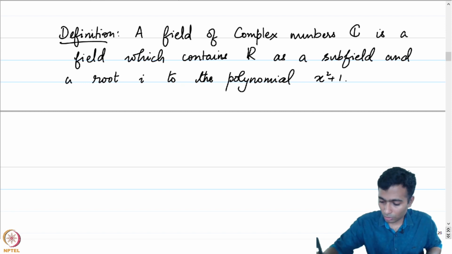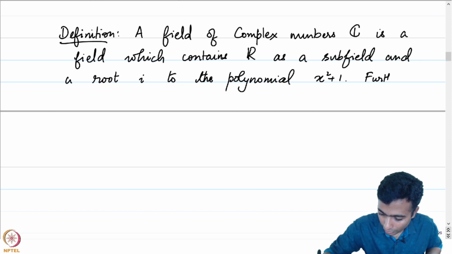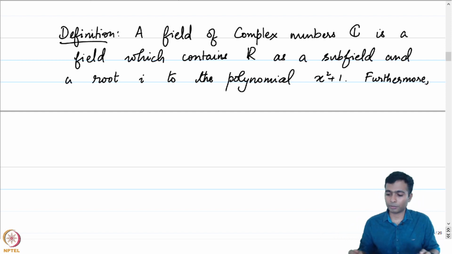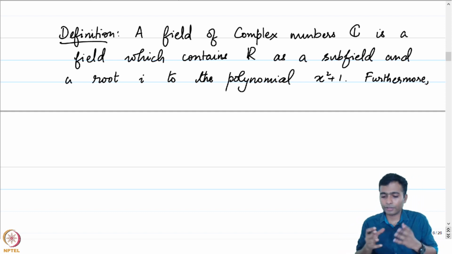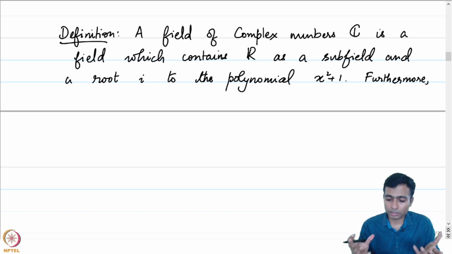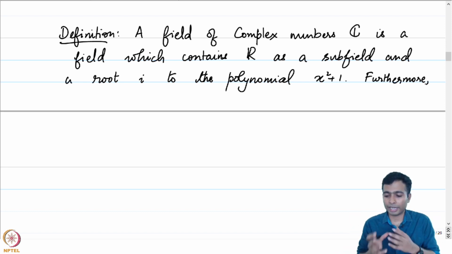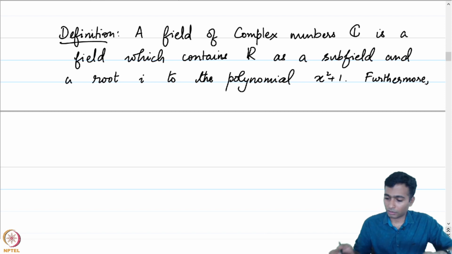The characterization is not over. Furthermore, this is not enough to speak about a field of complex numbers. We need something more. Furthermore, the field of complex numbers is the smallest such field which contains R and i.